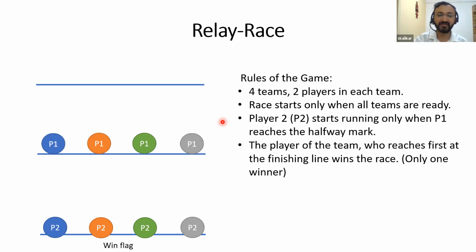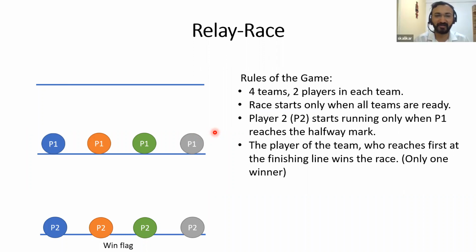The second feature is that the one who wins the race holds the flag, so there can be only one winner when you reach the finish. Another condition is that all teams should say they are ready at the start. There should not be any scenario where the P1 thread is not ready and another team started the race. That would be unfair.